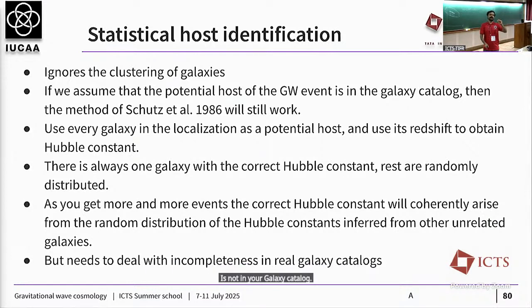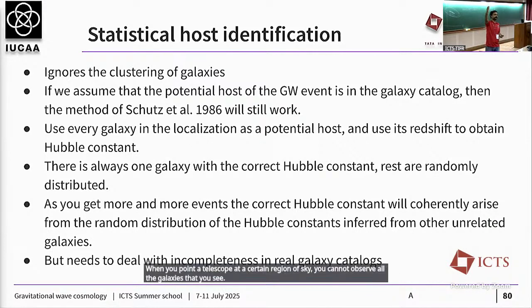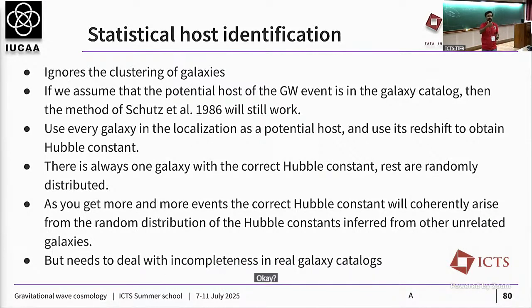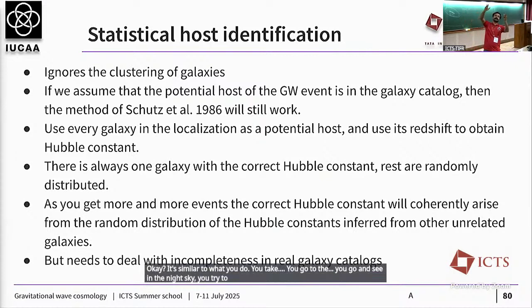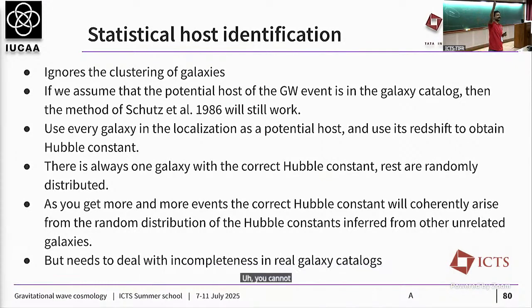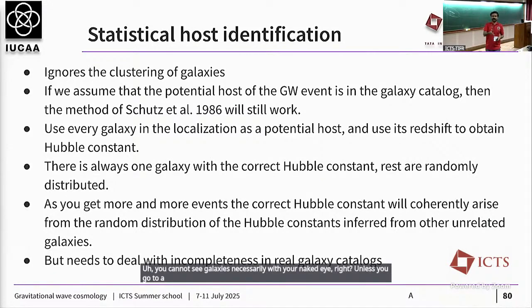And the reason why it is not in your galaxy catalog is just because when you point a telescope at a certain region of sky, you cannot observe all the galaxies that you see. Okay? It's similar to what you do. You go and see in the night sky, you try to look at the sky. You cannot see galaxies necessarily with your naked eye, right? Unless you go to a very remote site, you can see Andromeda, but not the other galaxies necessarily.